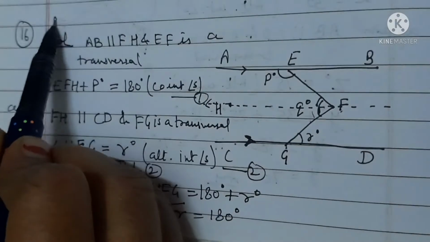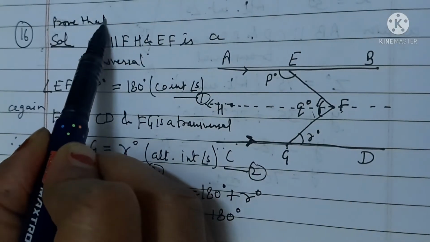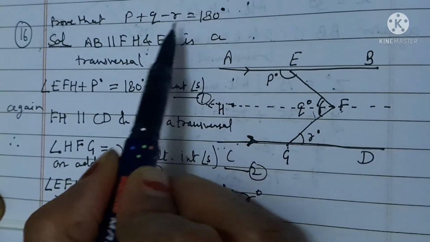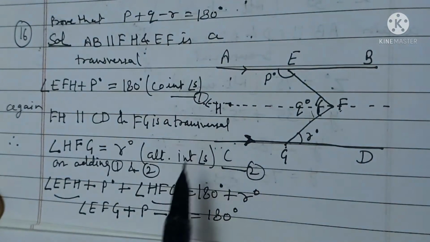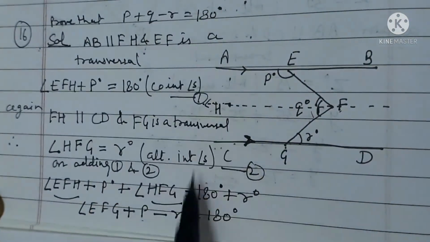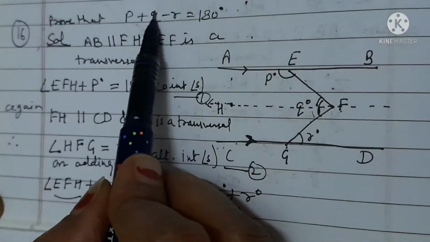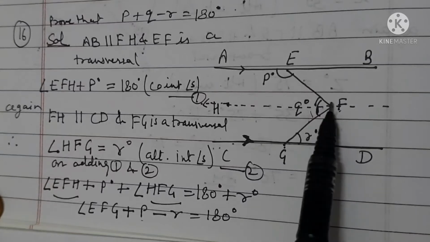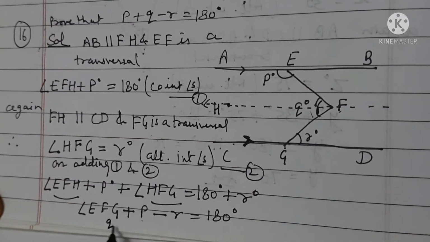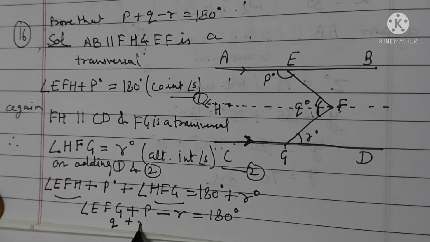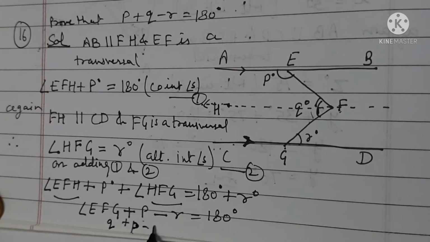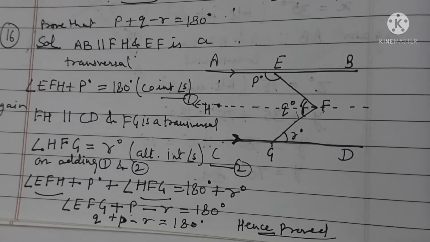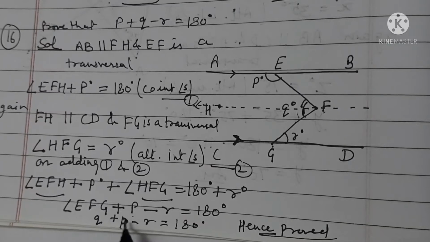Prove that P plus Q minus R is equal to 180 degrees. Here P and minus R are there, this is 180, and Q becomes this angle EFG. So in place of angle EFG you can write Q, so Q plus P minus R is equal to 180 degrees. Hence proved.